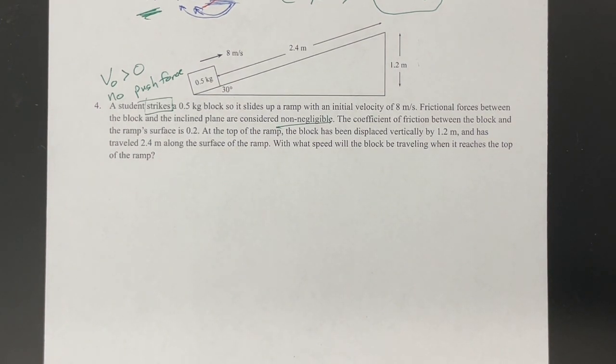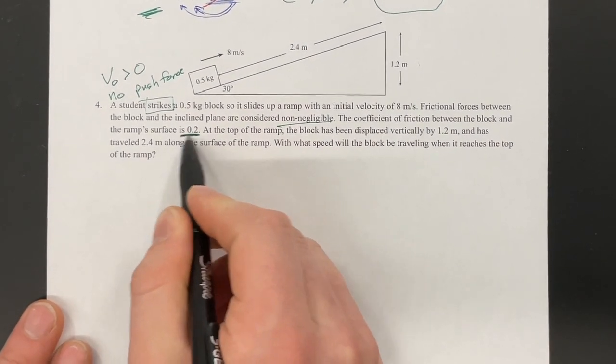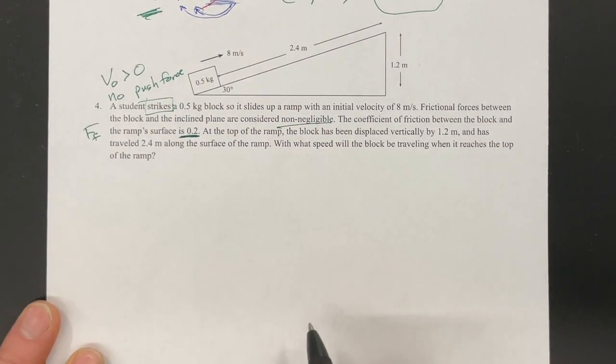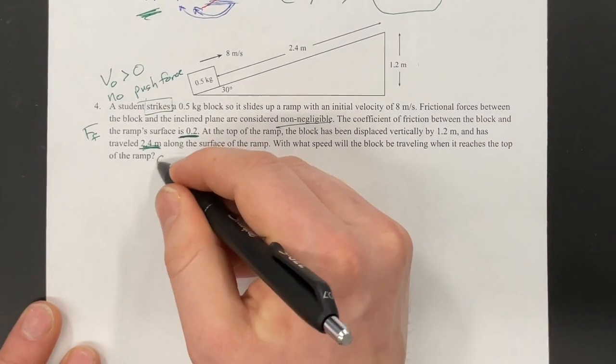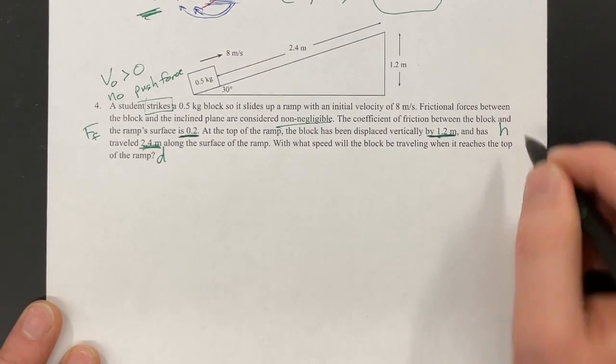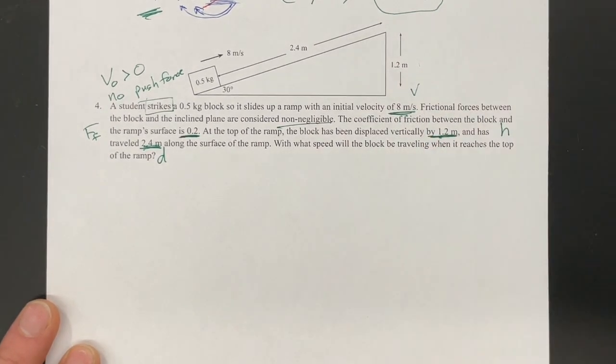What speed will the block be traveling when it reaches the top of the ramp? Well, we have coefficient of friction, which is basically force of friction. We have a vertical displacement, also known as height, and we have a velocity.